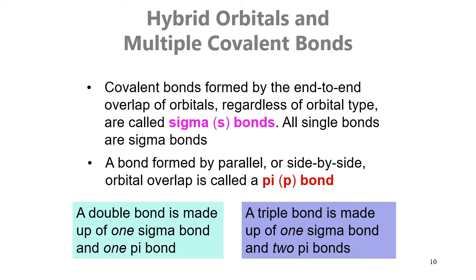All single bonds are sigma bonds, and a bond formed by parallel or side-by-side orbital overlap is called a pi bond, or some books call p bond. A double bond is made up of one sigma bond and one pi bond. A triple bond is made up of one sigma bond and two pi bonds.